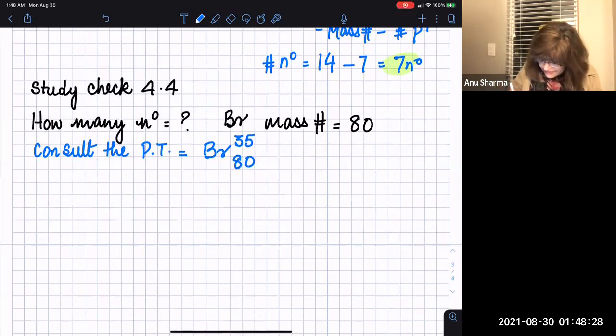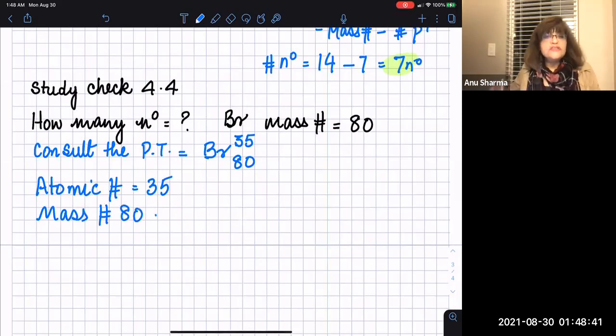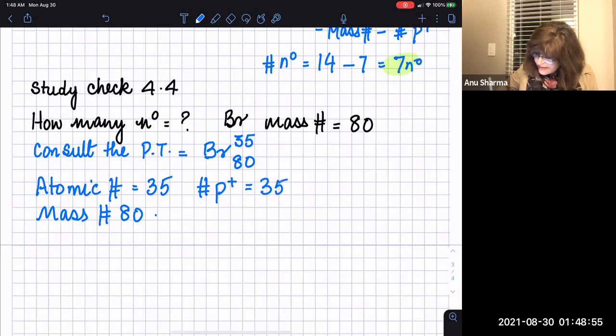This means that the atomic number is equal to 35, and the mass number is equal to 80. Okay, now the question is, how many neutrons? So the number of protons for bromine is 35, and the number of electrons is equal to 35.